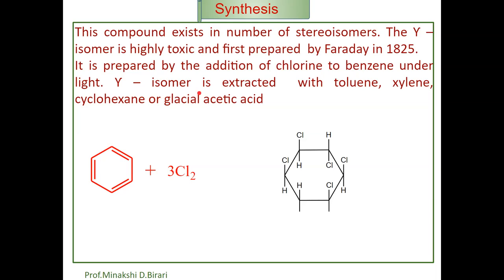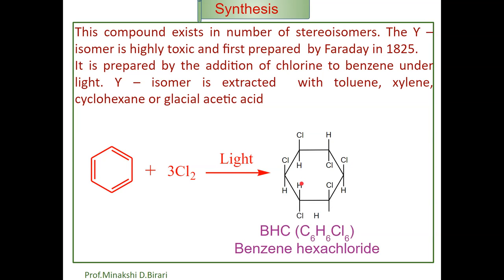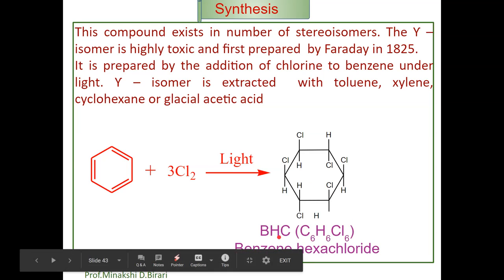The gamma isomer is extracted with toluene, xylene, cyclohexane or glacial acetic acid. So what is the reaction to synthesize the gamma isomer of benzene hexachloride? Benzene reacts with 3 chlorine molecules. In the presence of sunlight, there is the formation of benzene hexachloride, that is BHC.